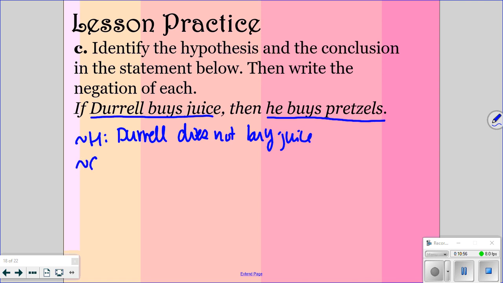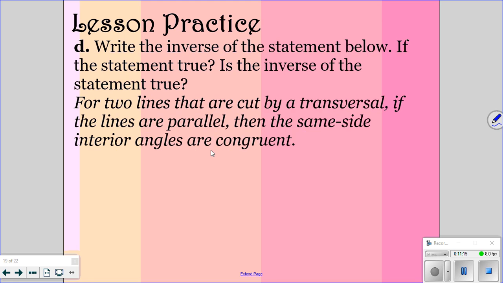And the negation of the conclusion, he does not buy pretzels. So that would be all you would do for that one. Looking at this one, y'all try it, and then after y'all tried it, unpause the video and I'll go over it. So the inverse is where you take them and you just negate them.